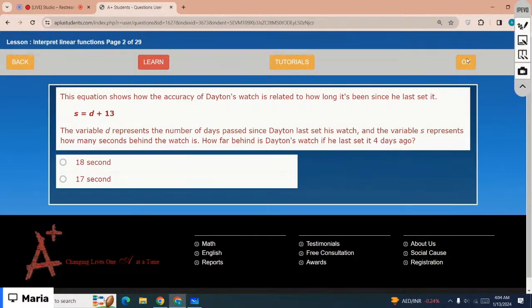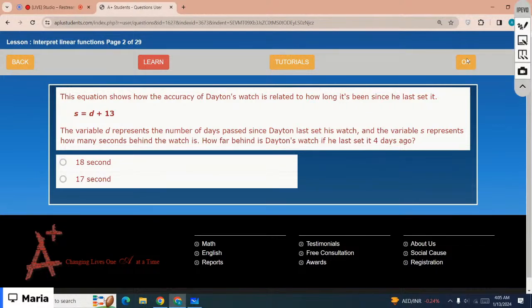This equation shows how the accuracy of Dayton's watch is related to how long it's been since he last set it. The variable D represents the number of days passed since Dayton last set his watch, and the variable S represents how many seconds behind the watch is. How far behind is the watch if he last set it 4 days ago? So you are given D equals 4.